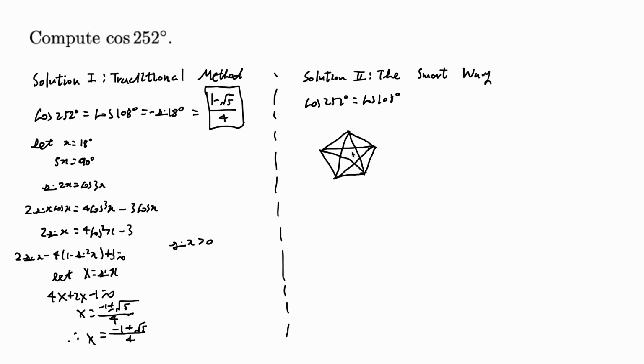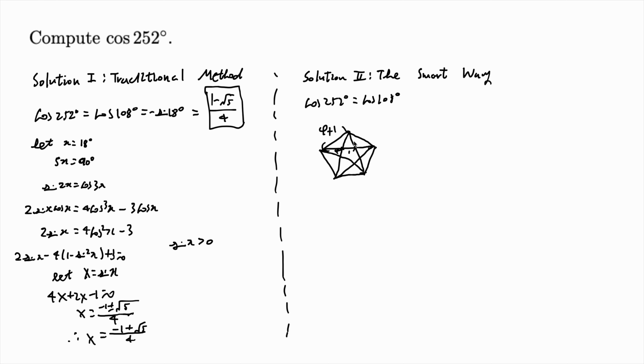So what I mean by that is, if we say this length is 1, then this length is phi, and this is phi plus 1.